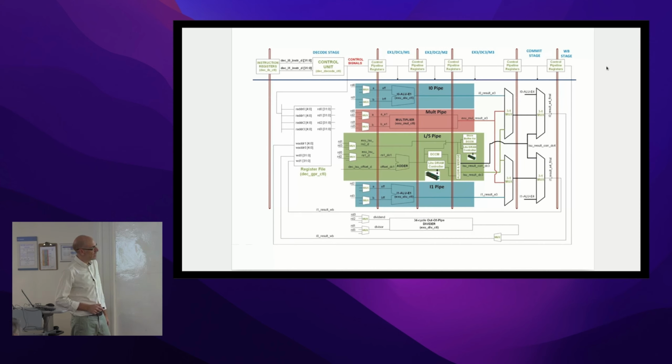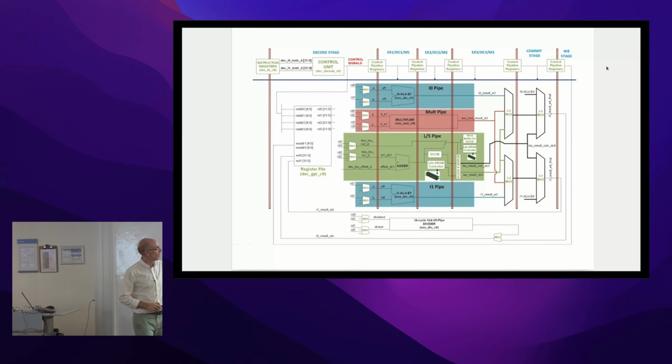But this is only a simplified figure, and in the commit stage there are what Western Digital calls secondary ALUs in order to resolve some specific situations with data hazards.